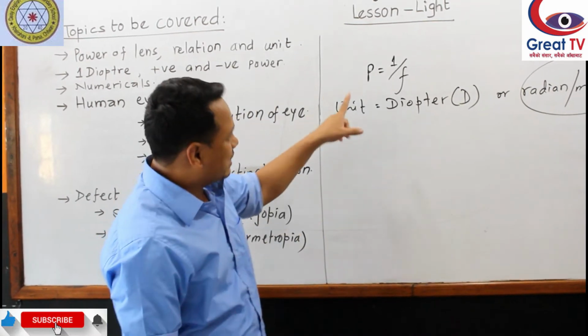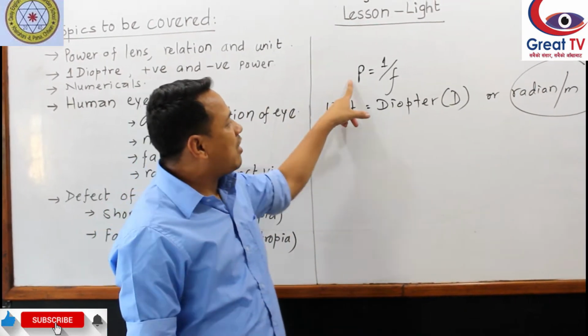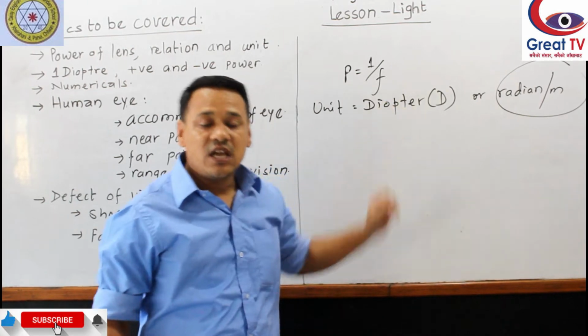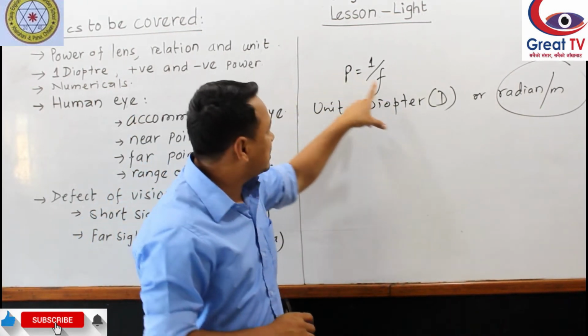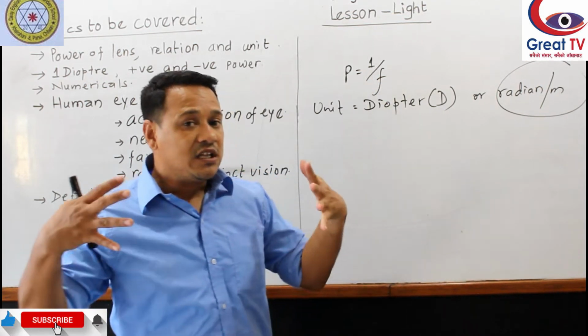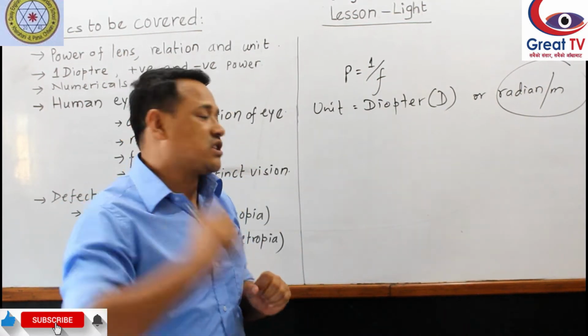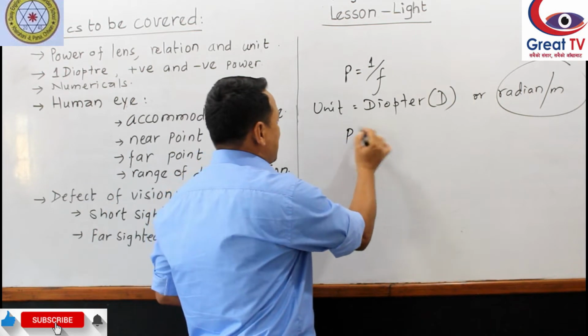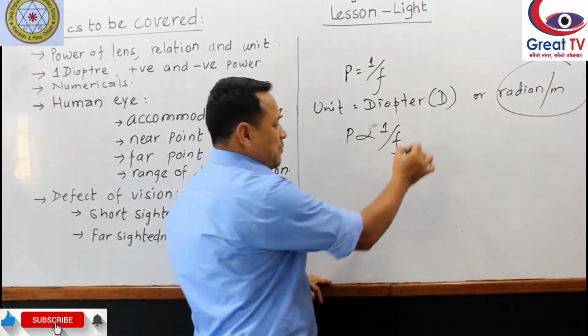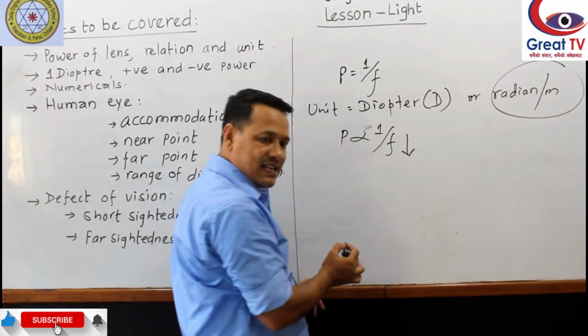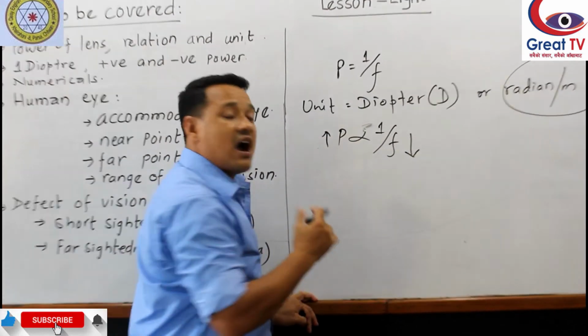Don't forget, the relation between power of lens and focal length is that they are inversely proportional to each other. P equals 1 by F. So if the focal length of the lens is less, then the power of lens will be high.